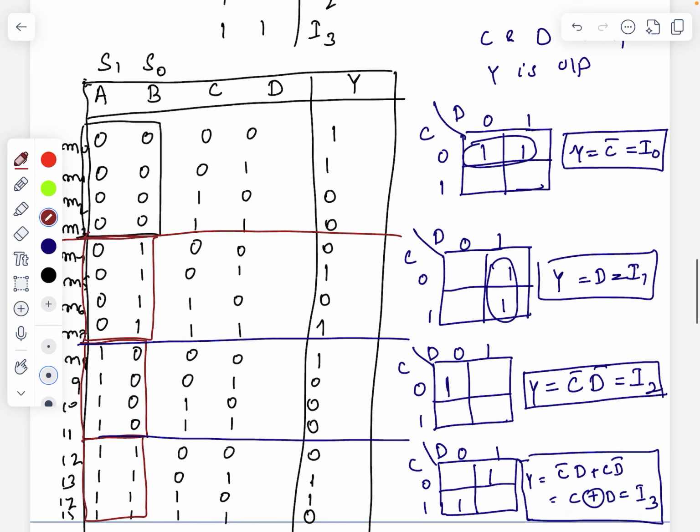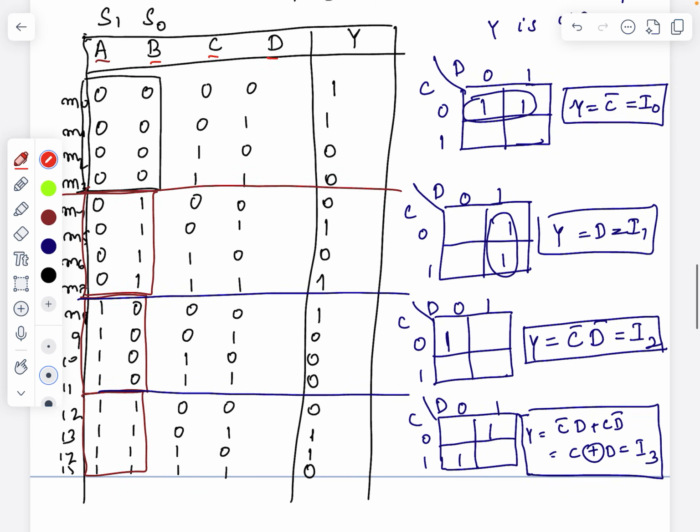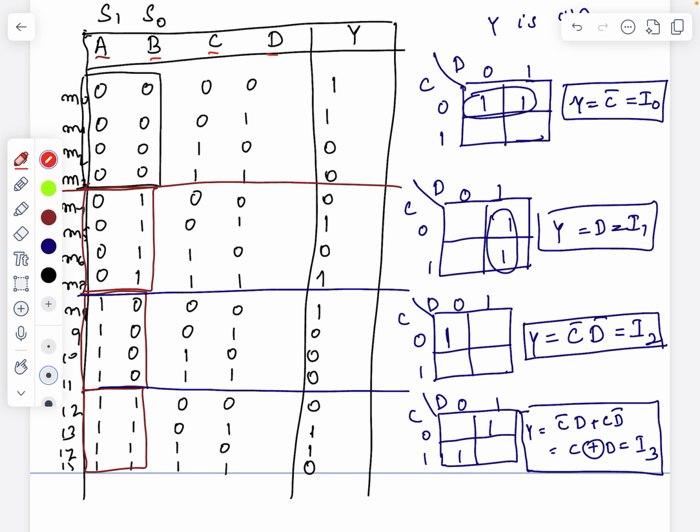You can see here I have taken A, B, C, and D. I wrote 8 zeros, 8 ones, then 4 zeros 4 ones, then 2 zeros 2 ones, and so on. So I wrote from M0 to M15. These are the minterms, and I wrote the 16 possible combinations.